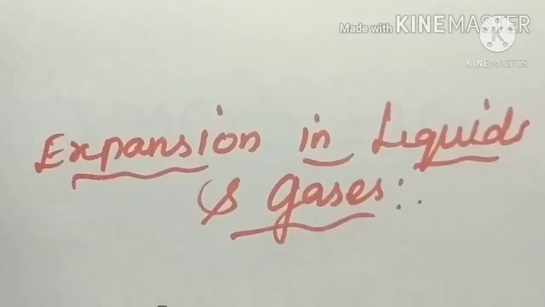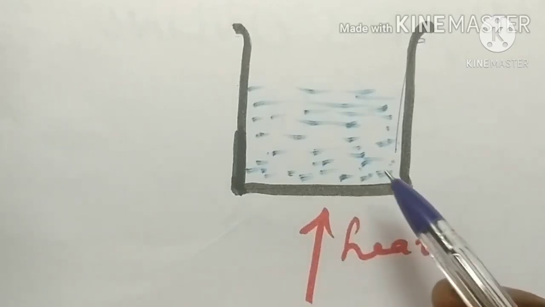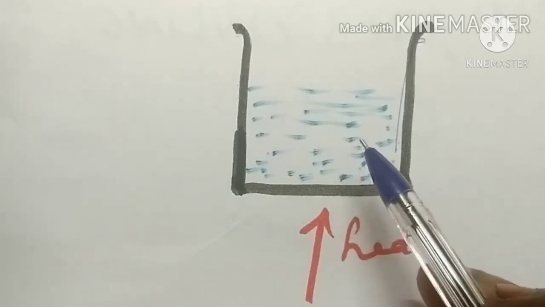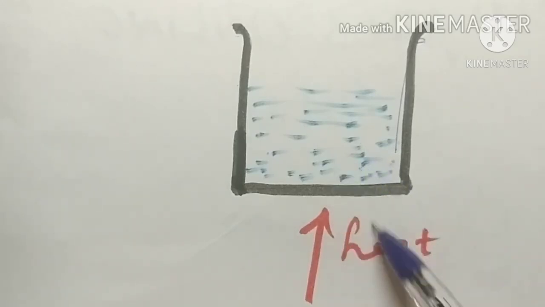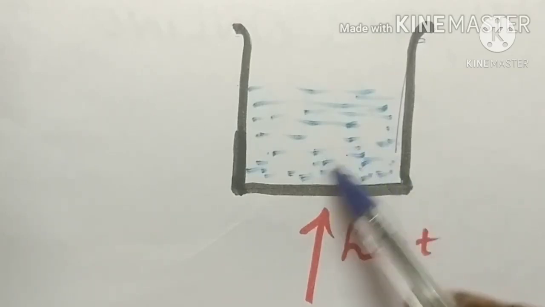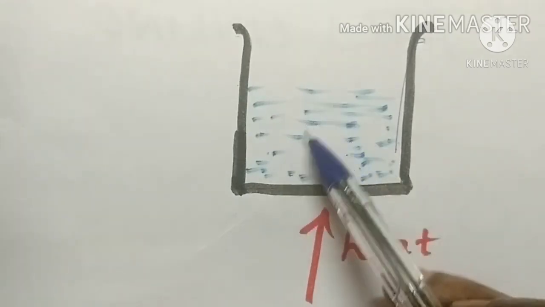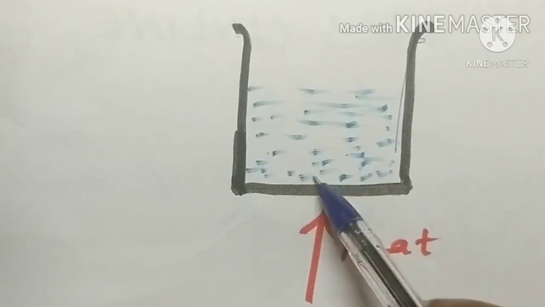Next we are going to learn how expansion takes place in liquids and gases. When we heat a liquid or gas, what happens? The atoms gain heat energy and are forced, so expansion takes place. This expansion varies from substance to substance.